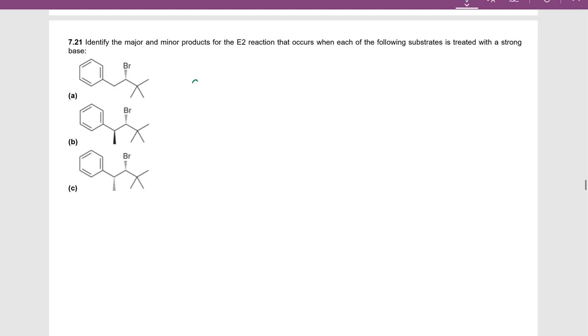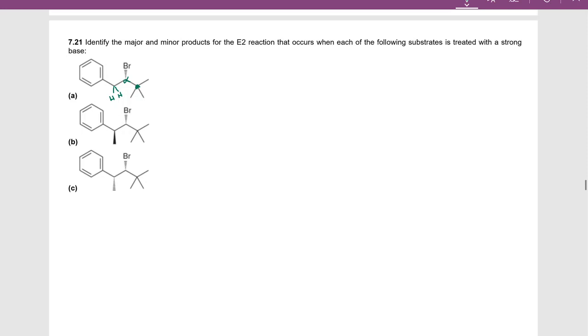So for A, I've got the alpha carbon bearing the bromine. I don't have a beta hydrogen on the right. I have two beta hydrogens on the left. It means I only have one regioisomer.